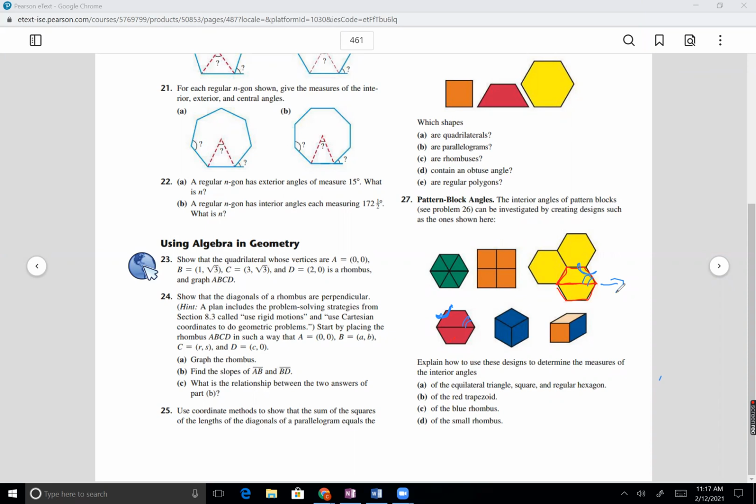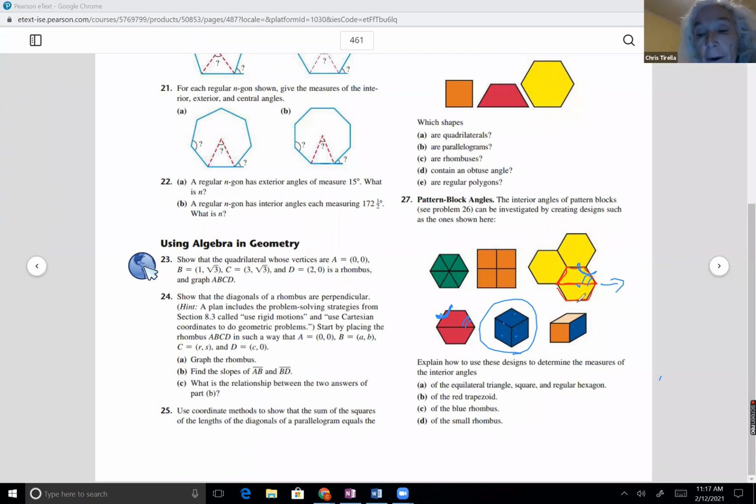And then in that same way, this figure with the 4 blue rhombuses should also fit right on top of my hexagon. And I can use that to find those measures.